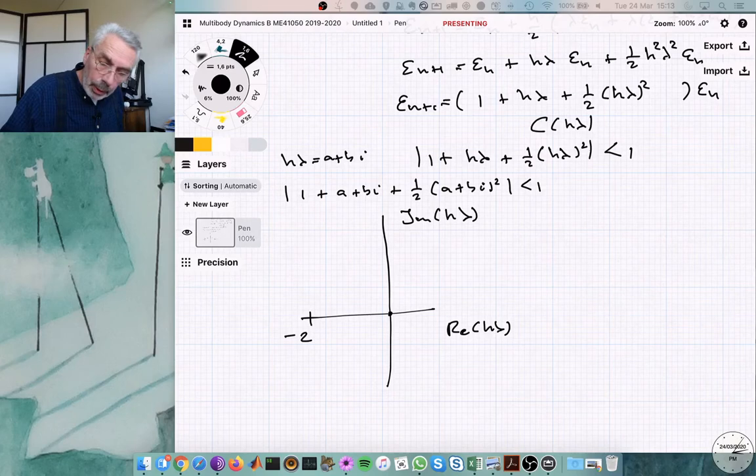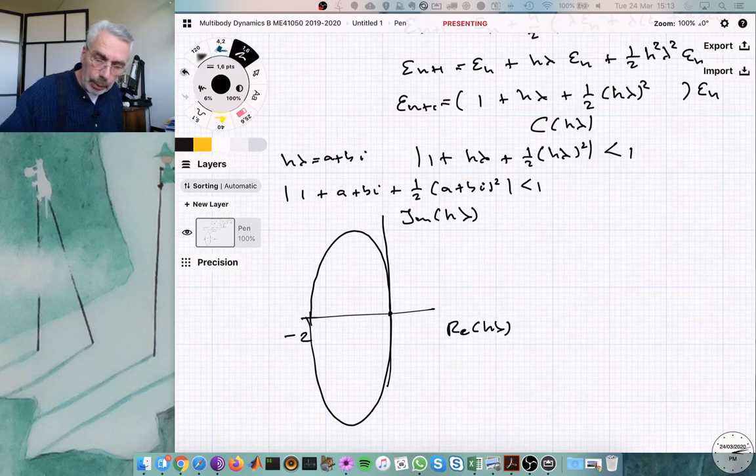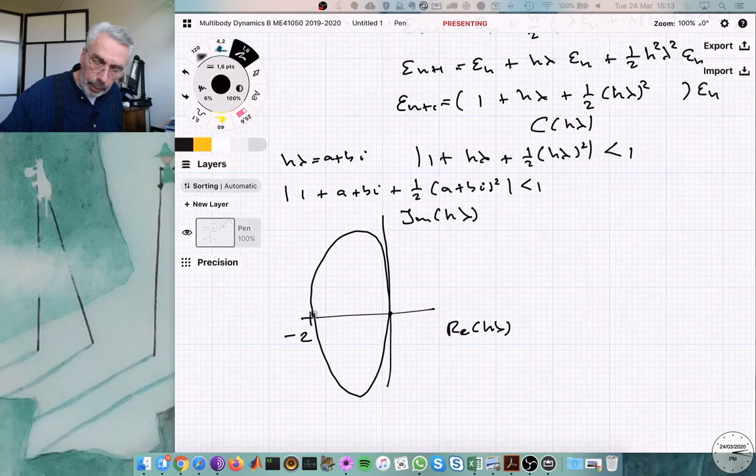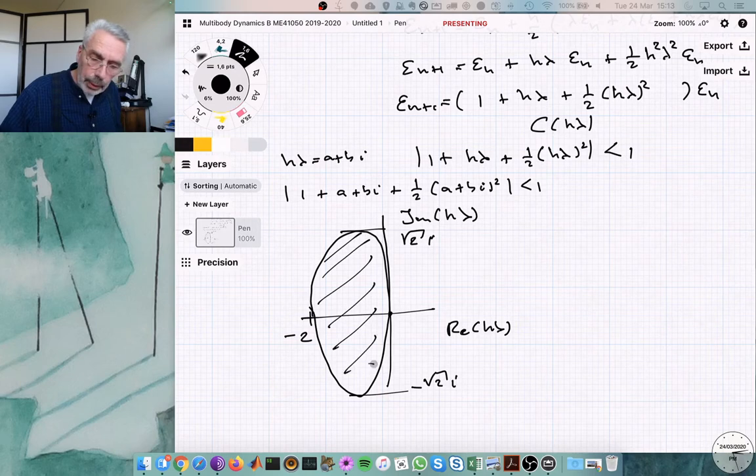But now it's a bit oblique, so it's something like an ellipsoid, something like this. It should be nice, symmetric. Something like this, and the top and the bottom are at square root 2i, and here minus square root 2i.